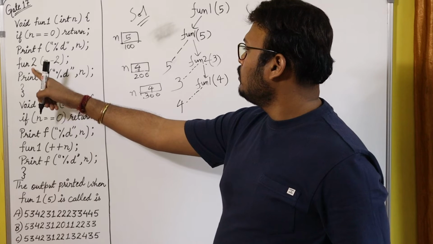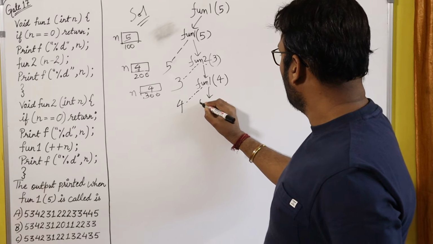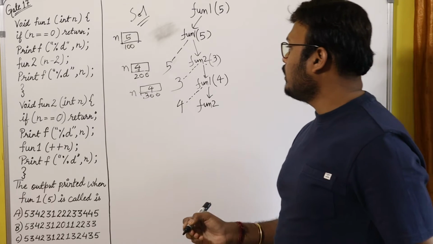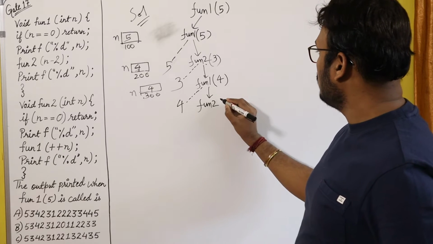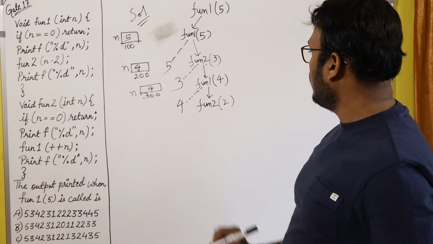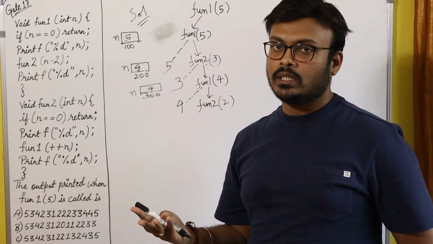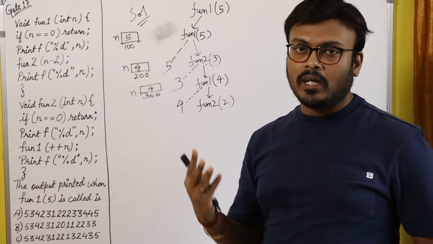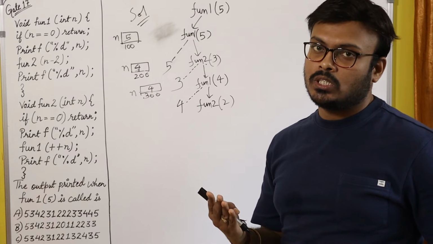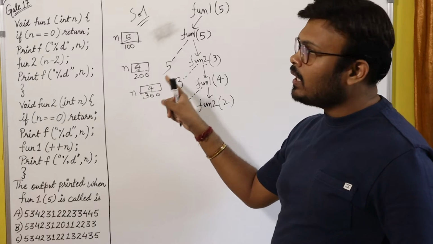Fine. Now another line, fun2 of n minus 2. Now fun2 will be called. What is n minus 2? What is n? 4. So 4 minus 2 is 2. Don't write 2 here, because the value of n is not getting changed. We are subtracting 2 from n, but it doesn't mean the value of n will be changed. Whatever the value of n was, it will remain as it is.